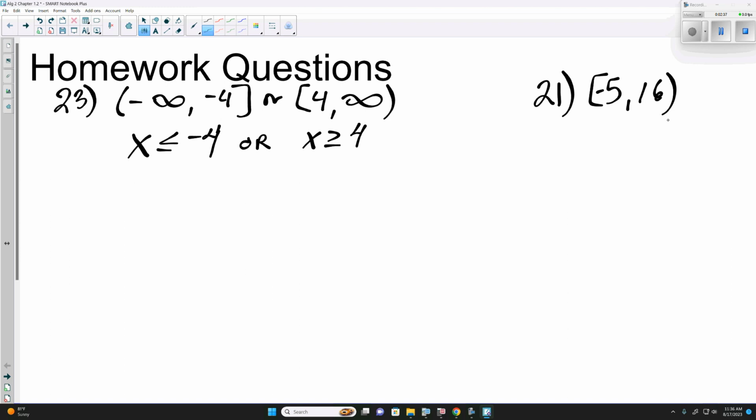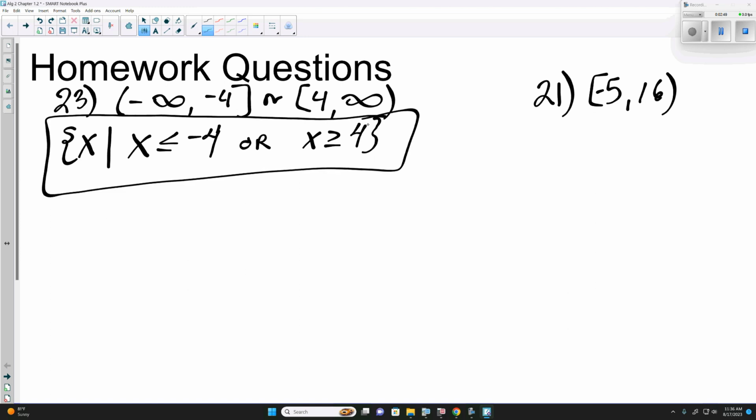Now the next thing we need to do is actually set it up in set builder notation, which always starts with a brace for these here, x bar, and we close it off with a brace. That's it. Oh, so like that wrong?